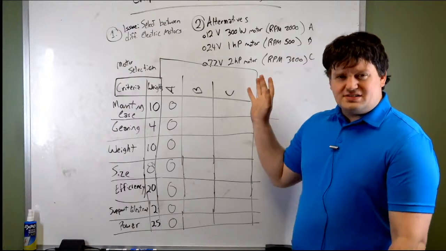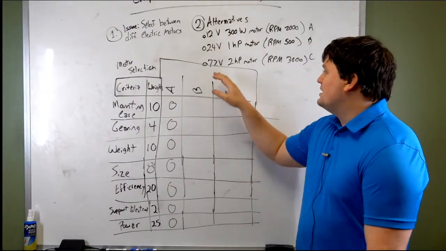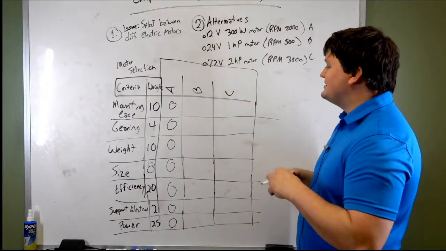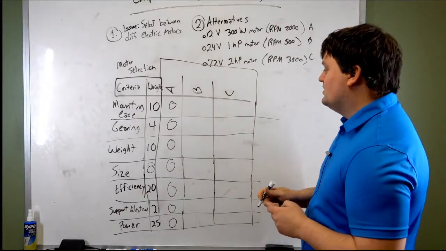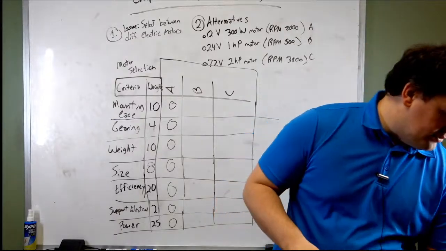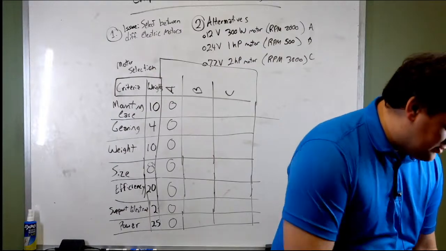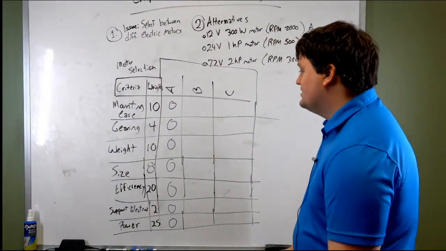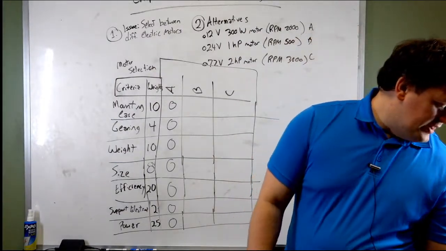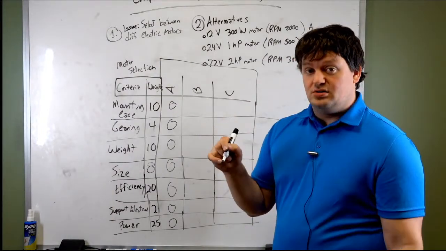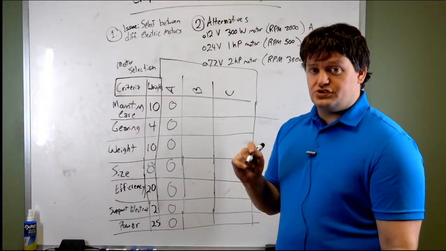And then we look at the second one, Motor B. It's a little bit bulkier, a little bit bigger. The 24 volt motor is slightly larger. So for my evaluation, I'm going to write a positive number if it's better and a negative number if it's worse.